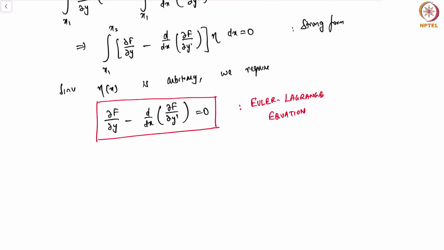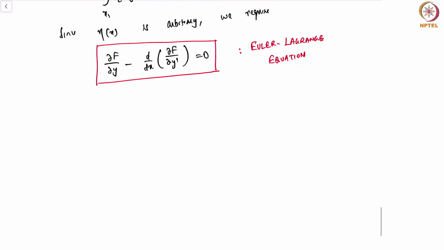Now, this is a very, very important result, and we can make a general statement about this equation.